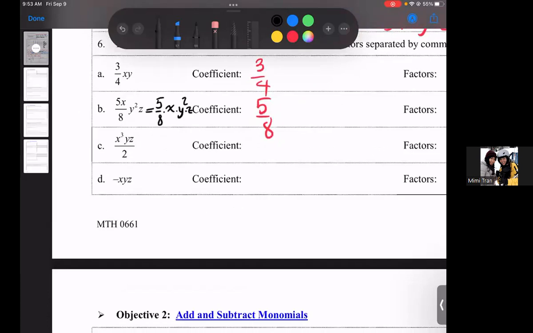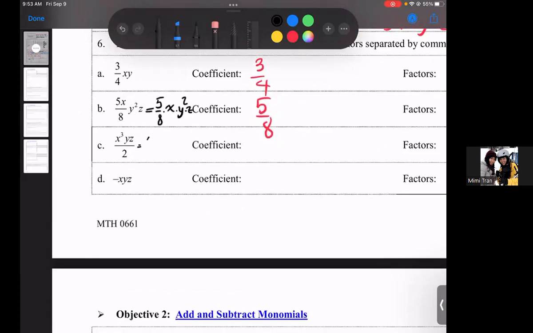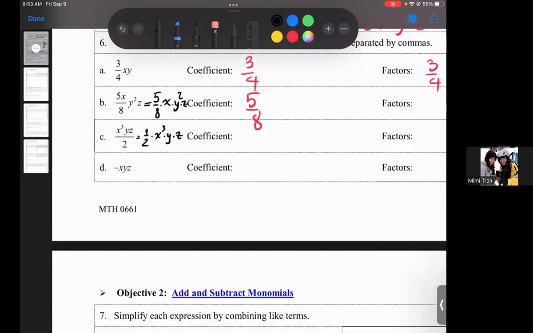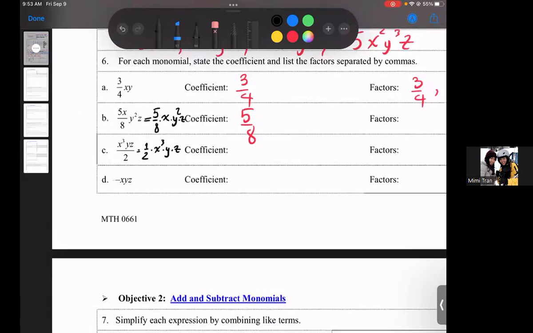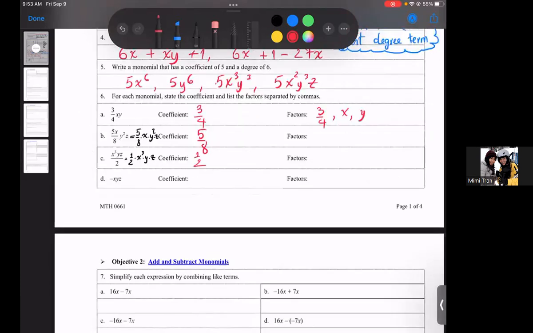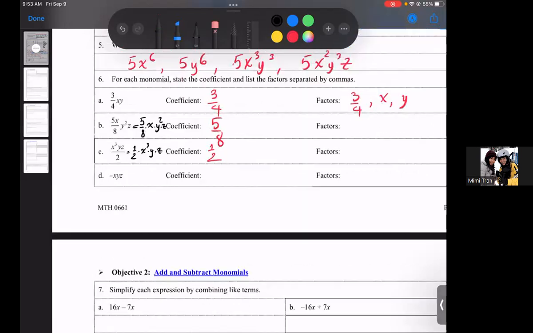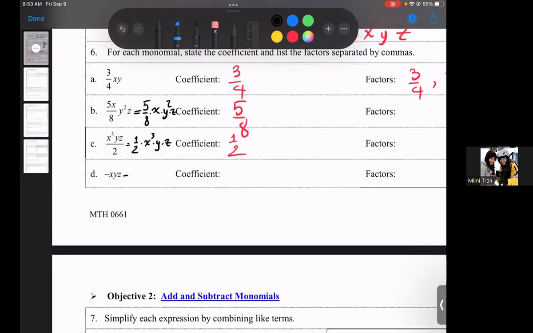For C, I can rewrite it as 1/2 times x cubed times y times z. Same thing, right? So the coefficient of C will be 1/2. What is the coefficient of D? -1. So this is the same thing as -1 times x times y times z.